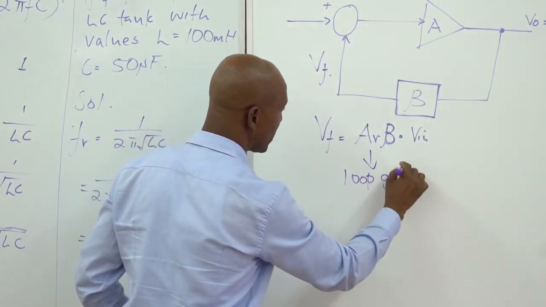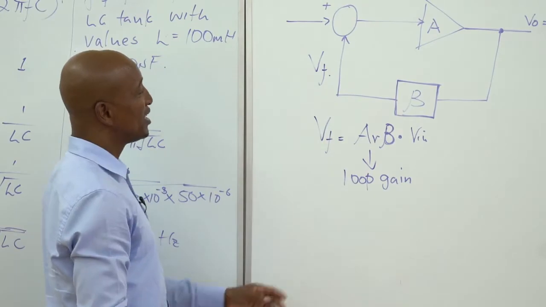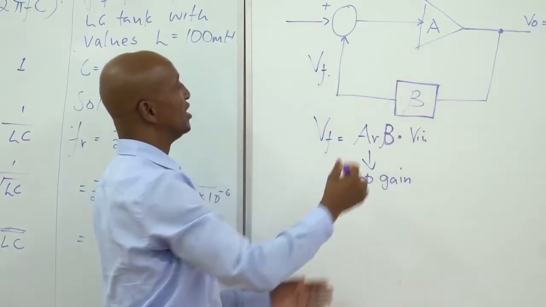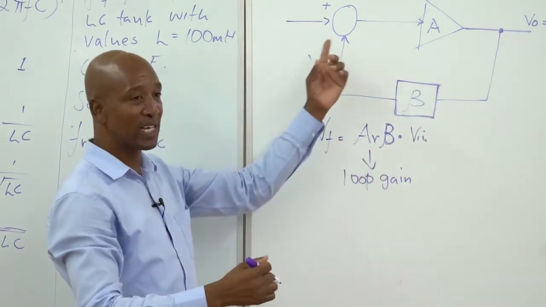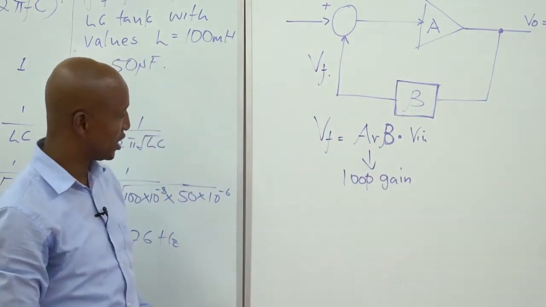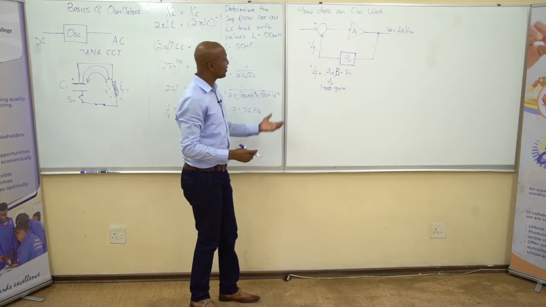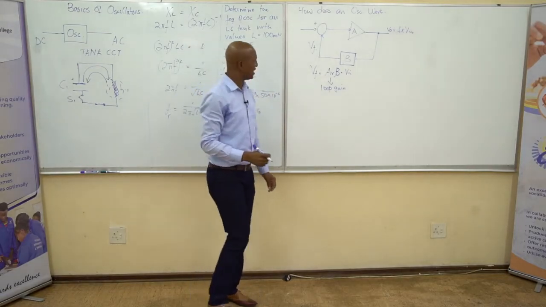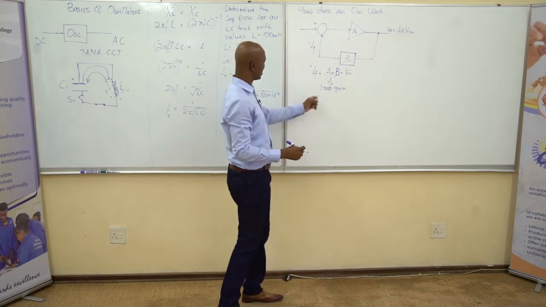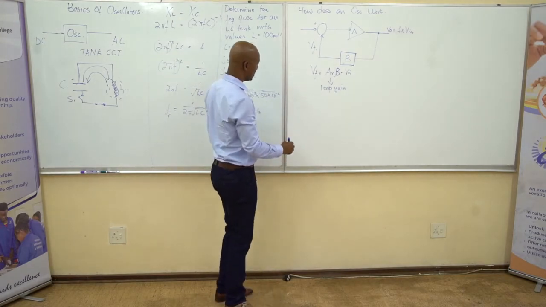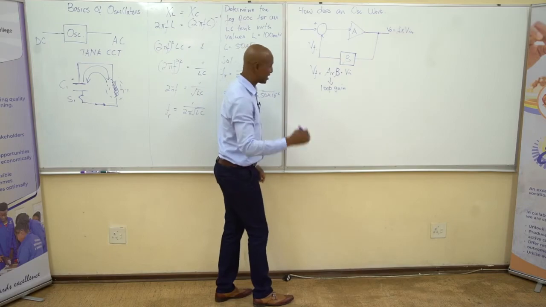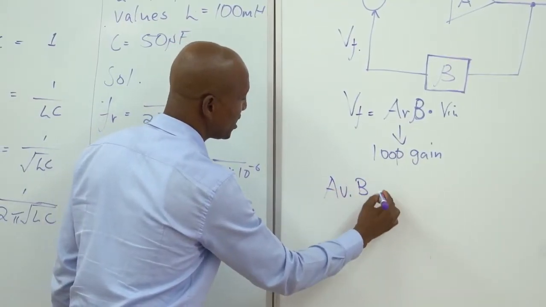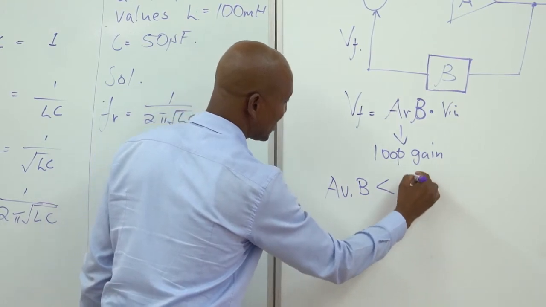Loop gain simply tells us how much signal we are going to lose or gain during the feedback process. So now that you are aware of this, let's look at what happens. Let's say our loop gain, AVB, becomes less than 1.